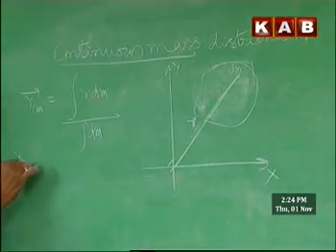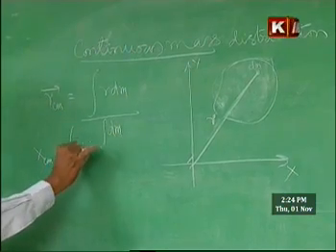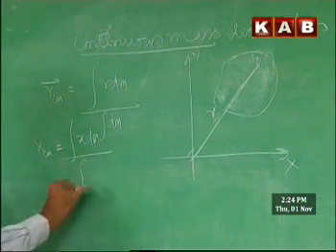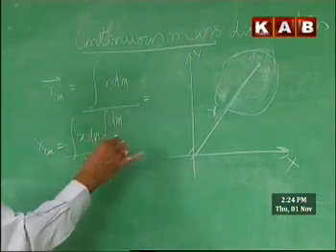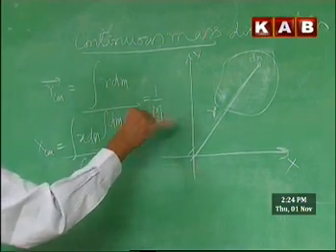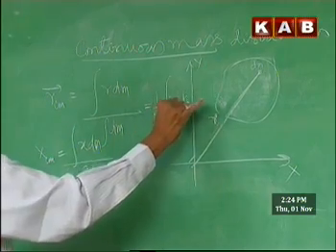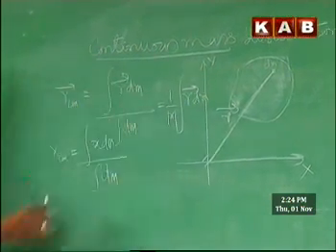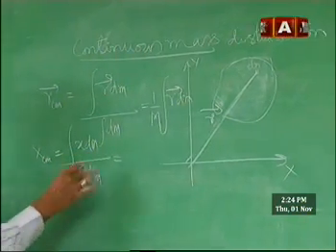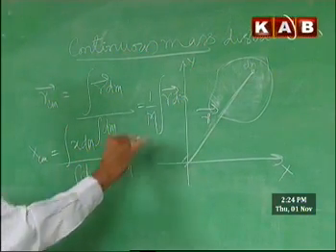Therefore, xcm is equal to integral x dm divided by integral dm. Integral dm is the total mass m of the system, therefore we can write the position vector as 1 by m integral r dm. Similarly, as integral dm is the total mass, we can write xcm as 1 by m integral x dm.